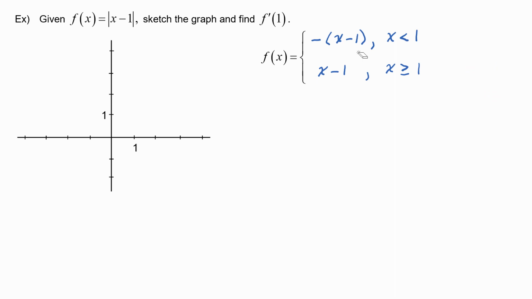which is when x is greater than or equal to 1. Now, if we were to distribute this negative sign here, this is the same as saying negative x plus 1. So when we are graphing this piece of the function, we know to make a line whose slope is negative 1 and whose y-intercept is positive 1.